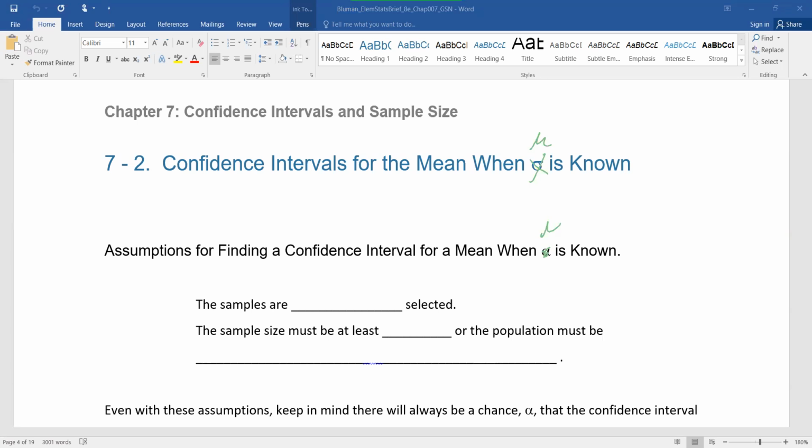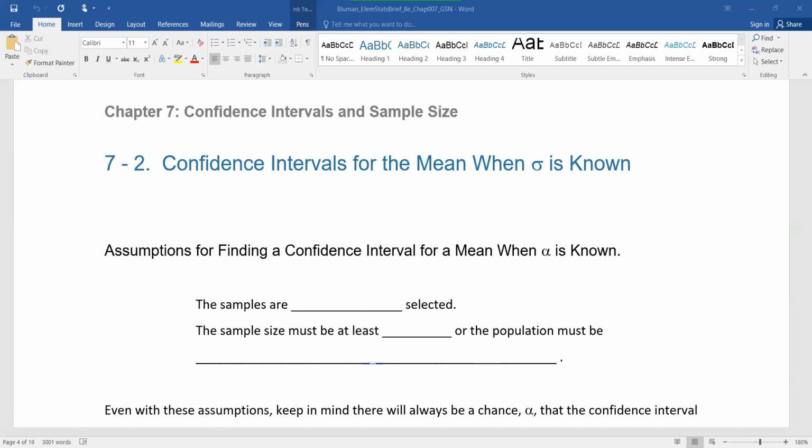And this says finding a confidence interval for a mean, maybe when the standard deviation is known. Maybe that one piece was false. We'll keep it as is for now and see if y'all see a connection.